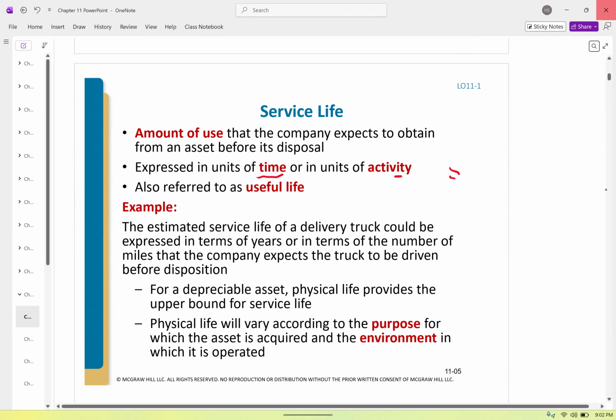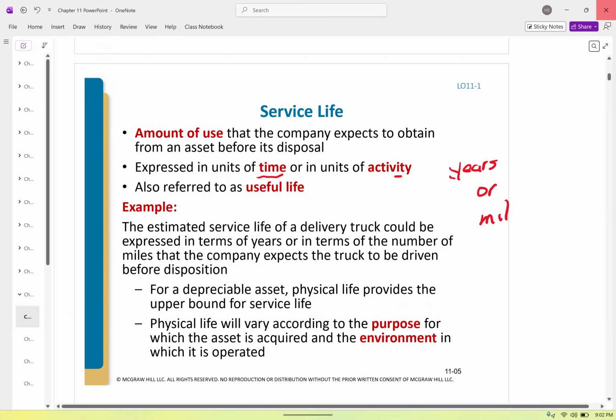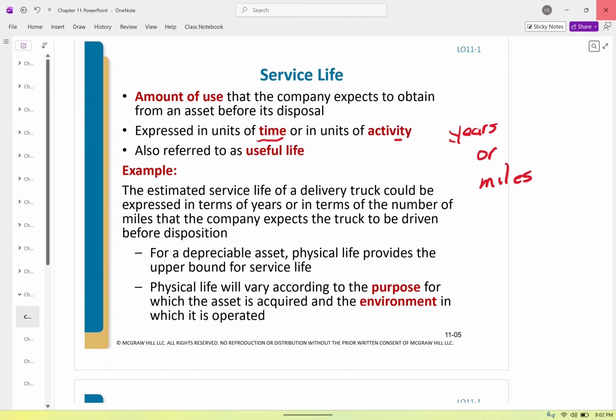So you may see years, or another common one is miles, especially if it's a delivery truck, and I believe that example was a delivery truck, so we can measure that in miles. Some items it's really hard to measure some sort of unit. I always think of our accounting classroom or any classroom that you are sitting in.